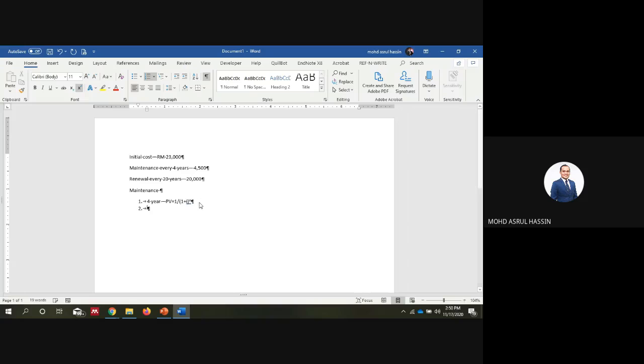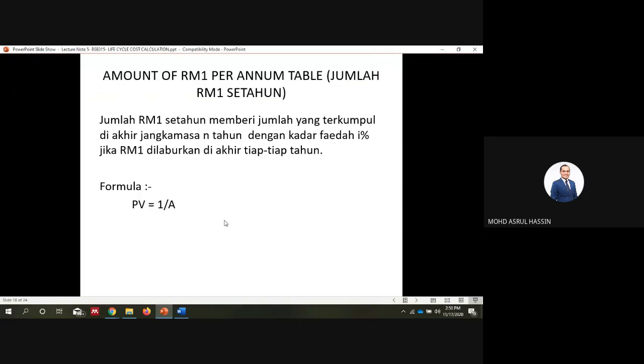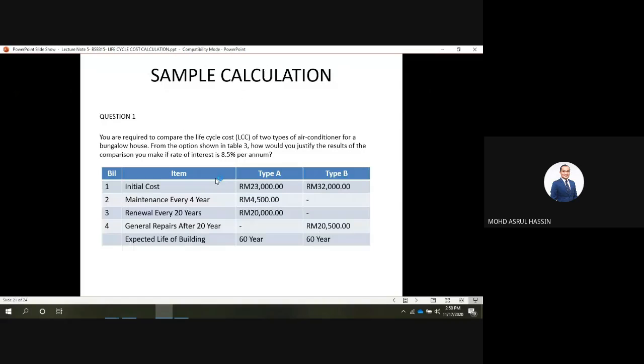Okay. So for the 4 years, PV equal to 1 divided by 1 plus I, how much? I, this 8.5. 8.5% per annum.